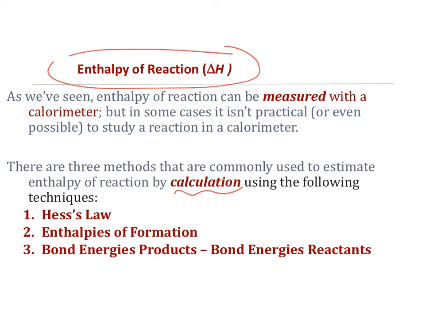So the rest of this PowerPoint is going to be going over the 3 ways to calculate enthalpy of reaction. The first is using a process called Hess's law. The second is using what we call enthalpies of formation for reactants and products. And the third is to use the bond energies to calculate.